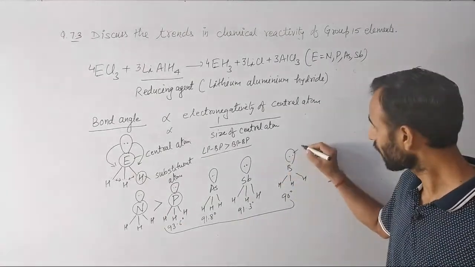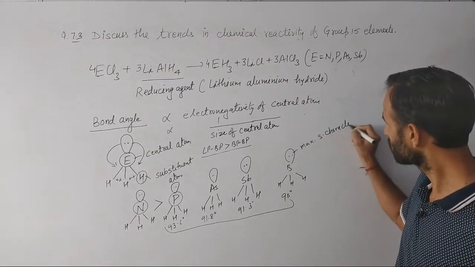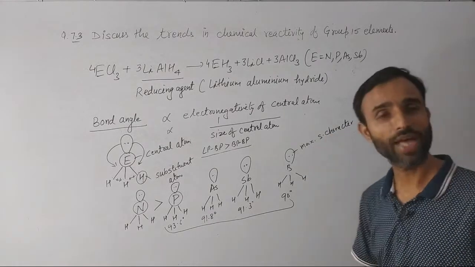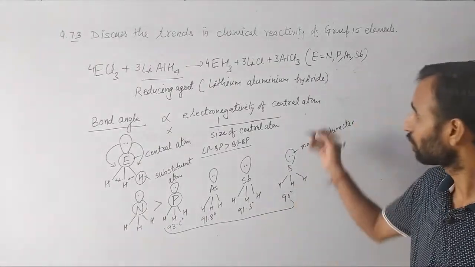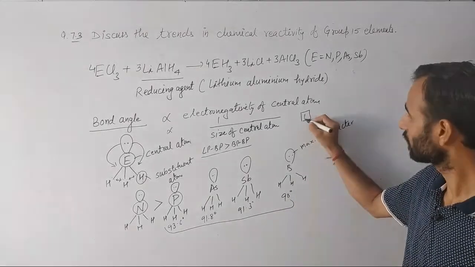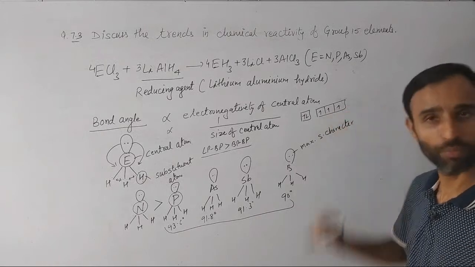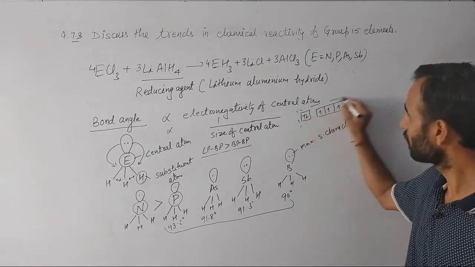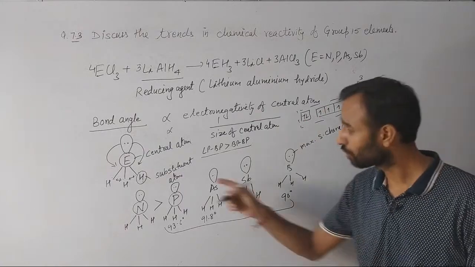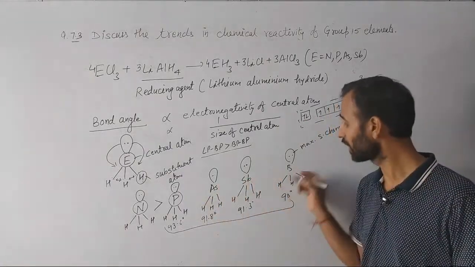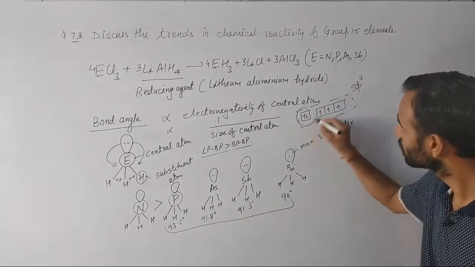So it has maximum s character, meaning the lone pair is in the s orbital only, meaning it is not hybridized. What I write is, this is the lone pair in s and 3 unpaired electrons in p, and they undergo hybridization in the case of nitrogen. But in the case of phosphorus, arsenic, antimony and bismuth, this lone pair is in the pure s.